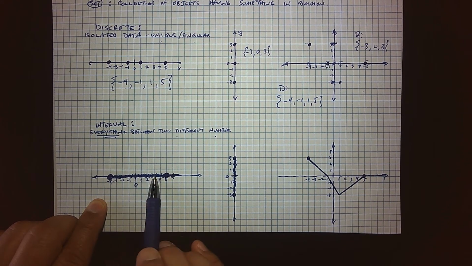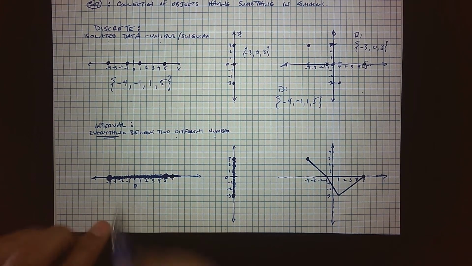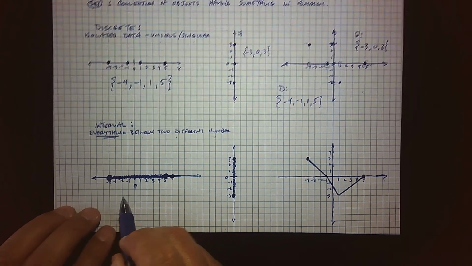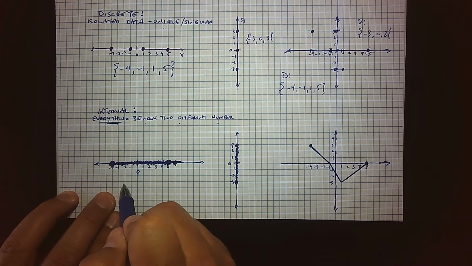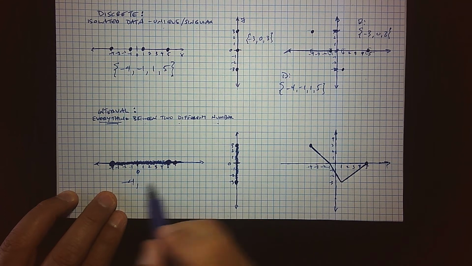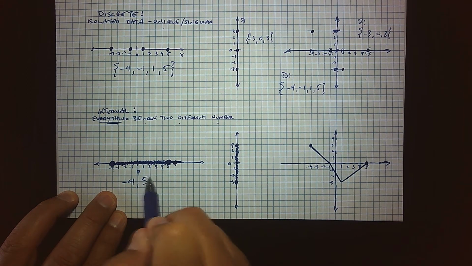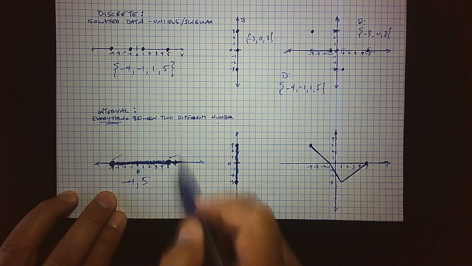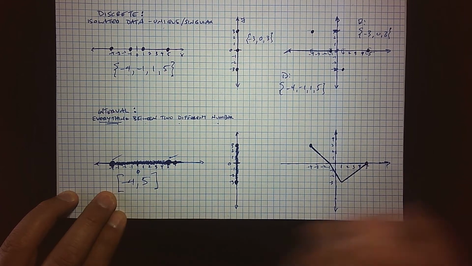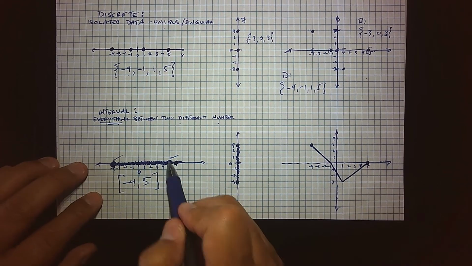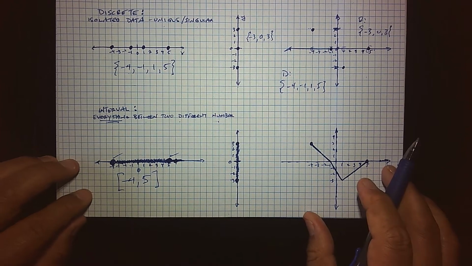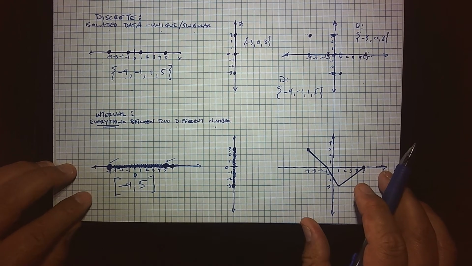So all our fractions, all our decimals, everything between these 2 numbers. So we usually use interval notation to do this. In interval notation, you begin with what's bounding the set to the left, so that's -4. What's bounding my set to the right, that's 5. And since we're including them, we use brackets. If they were open circles, we'd use parentheses, and we'll practice that in another video. But there you have it.